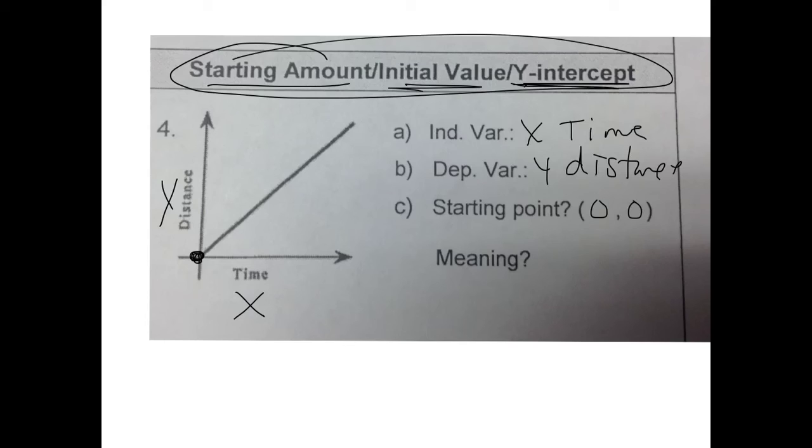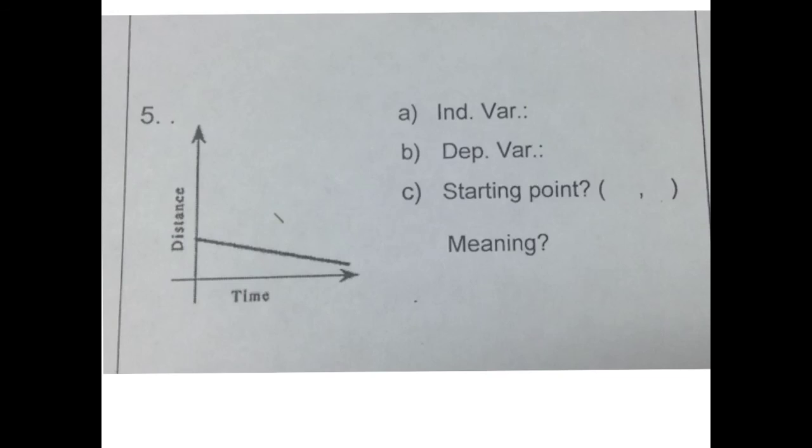That means at 0 time, which could be minutes or hours, we've gone 0 distance. This could be the graph of you going someplace. As you start to drive, your distance gets further and further away from home.